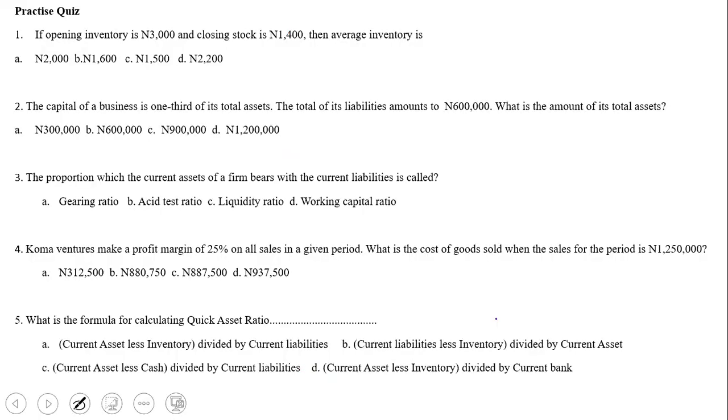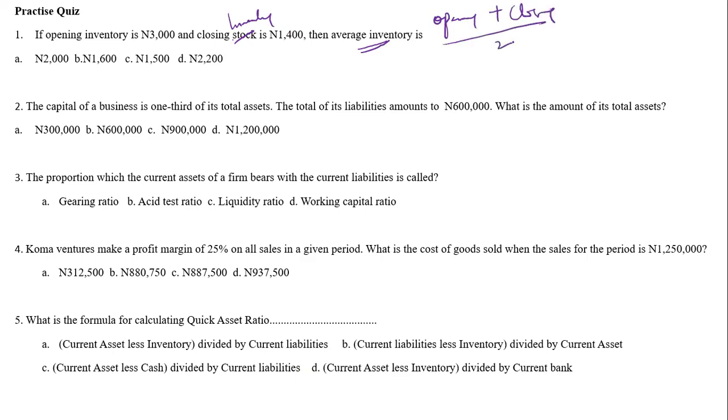Now let's quickly delve into this quiz. And you can see, like what I told you, it is not too much when we are looking at ratio. Now, if opening inventory is 3,000, closing inventory is 1,400. Compute the average inventory. And don't forget, average inventory is opening plus closing divided by 2.